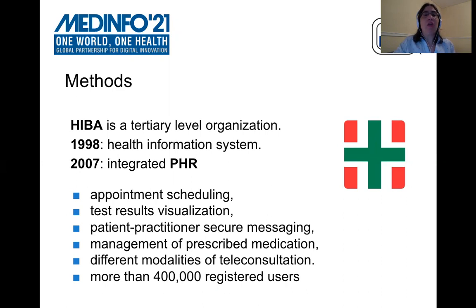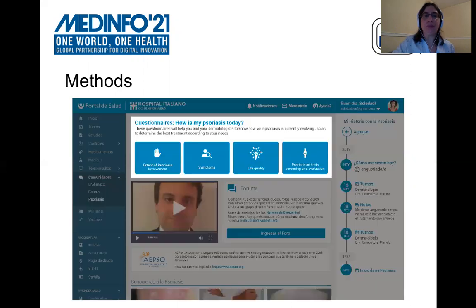Some of its functionalities include appointment scheduling, test result visualization, patient practitioner secure messaging, management of prescribed medication, and different modalities of teleconsultation. For this study, we include users of the psoriasis community who accessed the platform between September 30 and December 30 of 2019. So it's a 3-month period of the study.